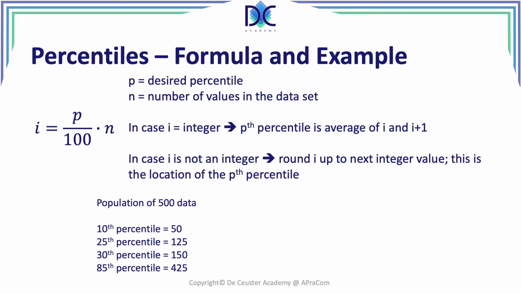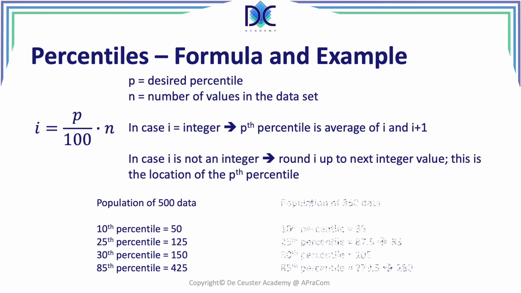The 25th percentile is 125, the 30th percentile is 150, which is 30 divided by 100 times 500, the 85th percentile is 425, and the 50th percentile is 250, which is in fact the median.